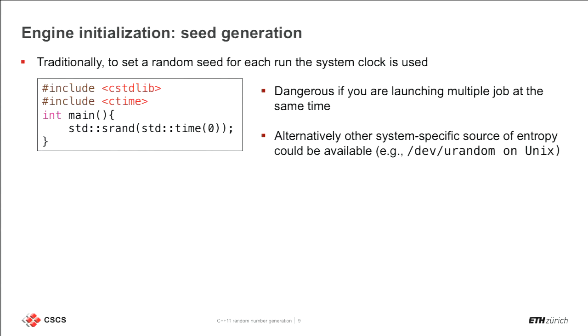With the traditional way, you need a different seed for the initialization of your engine every time. So with the old C style, what you can do is something like this. This is a function that provides you the system clock time, so that every time you execute your job, at a different time, you will have a different seed.